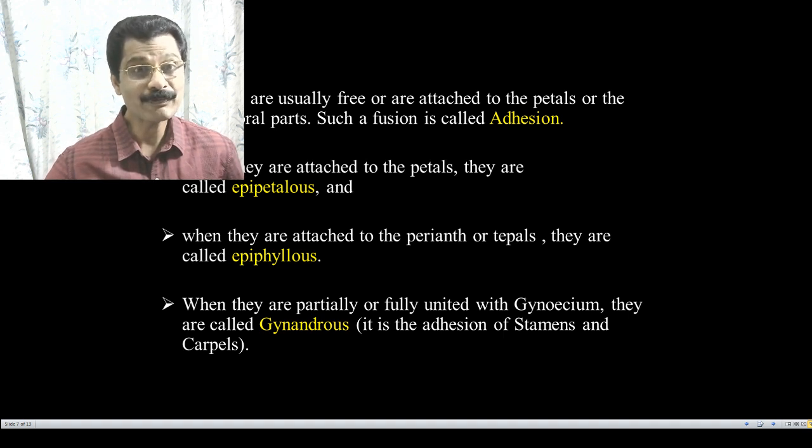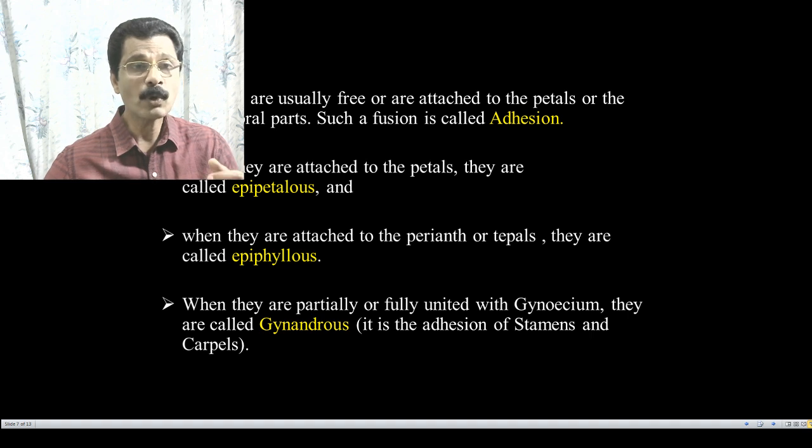For example, in the case of Ixora, the stamens are attached on the petals. When they are attached to the perianth or tepals, it is called epiphyllous, as in the case of Liliaceae. In Gloriosa, the stamens are attached on the tepals. When they are partially or fully united with gynoecium, they are called gynandrous. You can see this in the case of Calotropis.